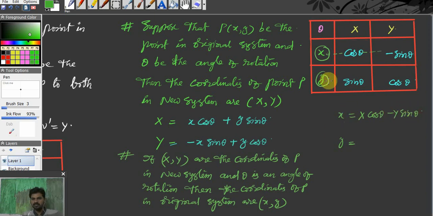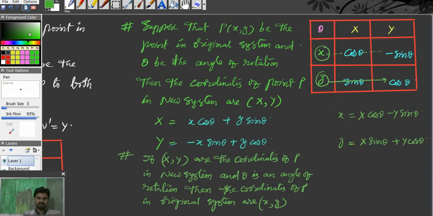In the same process, to find small y you go to the small y row, where there are sin theta and cos theta. Multiply the first by X and the second by Y and add. Now we get capital X sin theta plus capital Y cos theta. These are the coordinates of the point P in the original system.